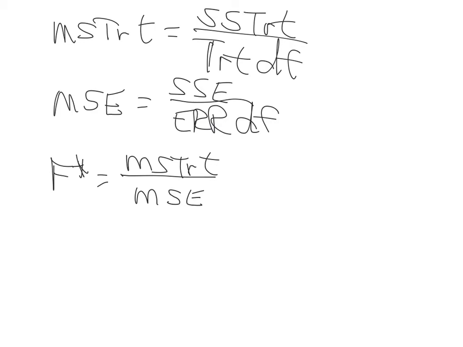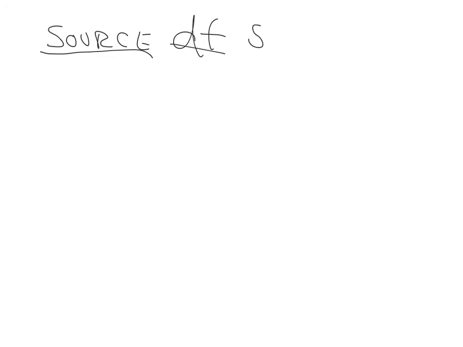So let's change our slide out. So we'll have source. Sum of squares, mean squares, F. Treatment.